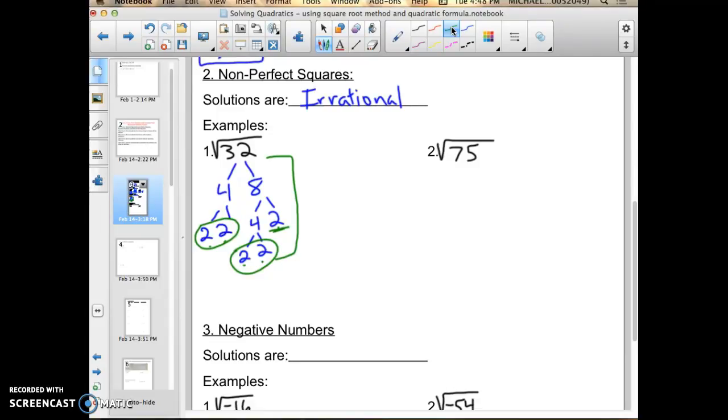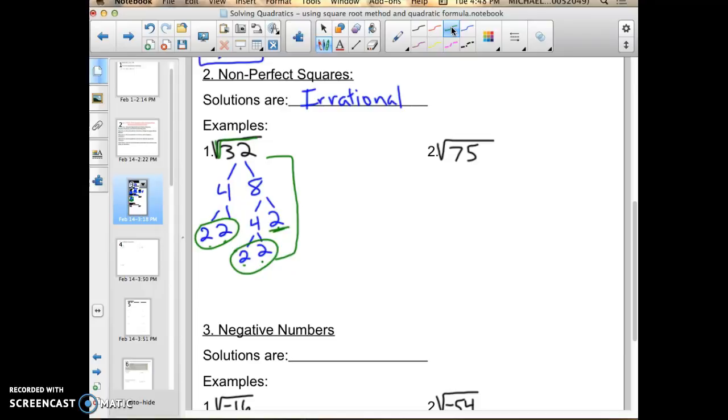Now, when the numbers are pairs, the way I think of it is, let's consider this radical up here to be a jail cell or something. In order to get free, you need to have a partner to leave the jail cell. And so anytime that the number has a partner, it can come up out of the radical, and if you don't have a partner, you have to stay inside the radical.